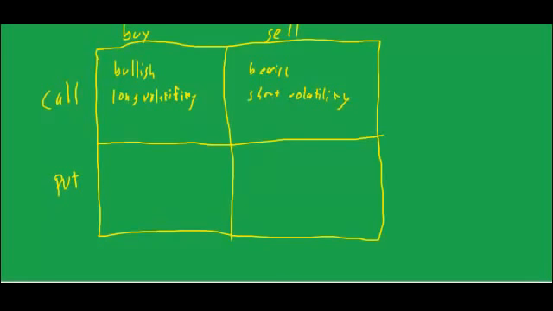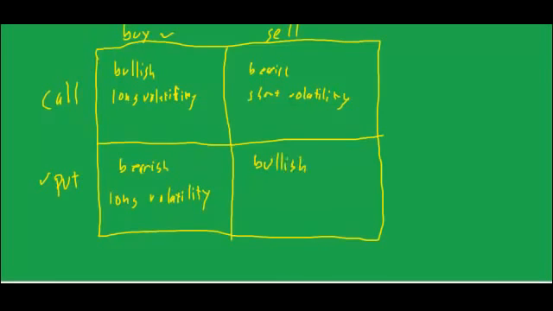If you buy a put option, you're bearish on the stock, but you're also long volatility. So if you've bought the put option, you're long volatility. If you sell the put option, then you're bullish on the underlying stock.